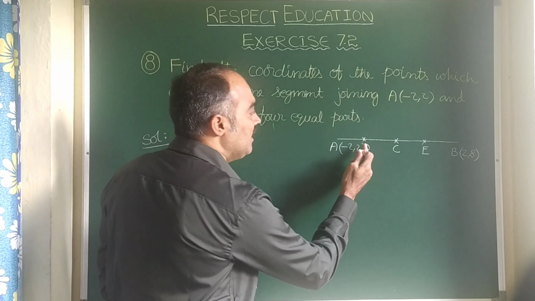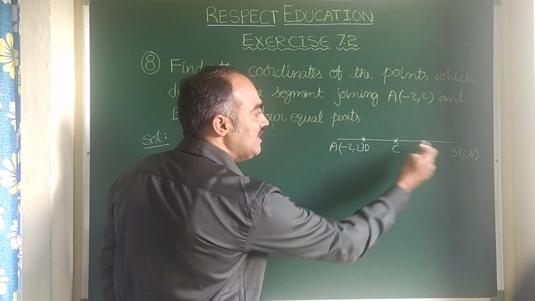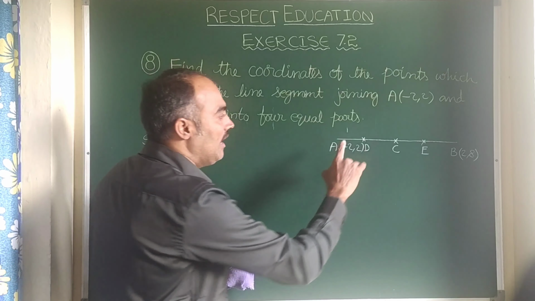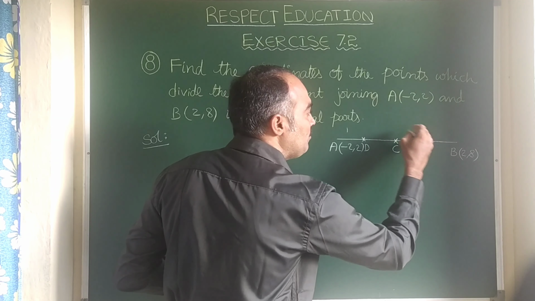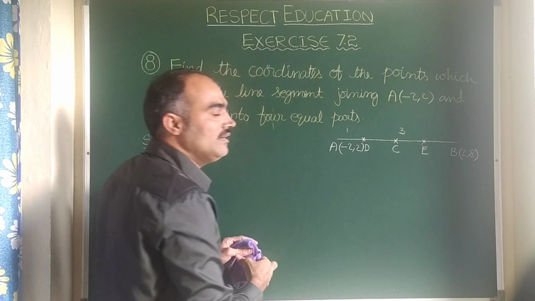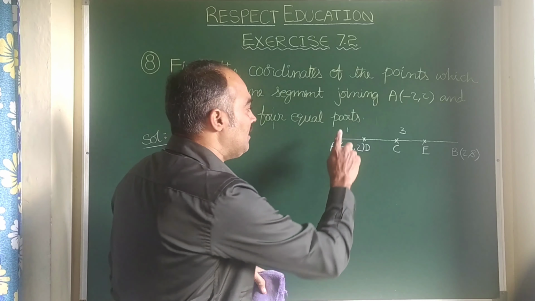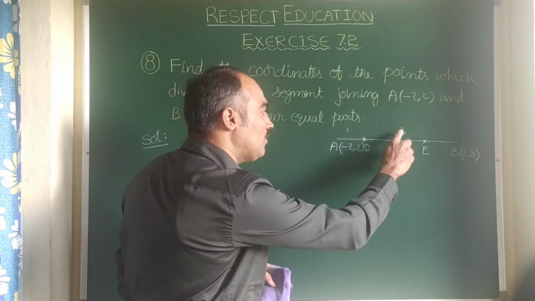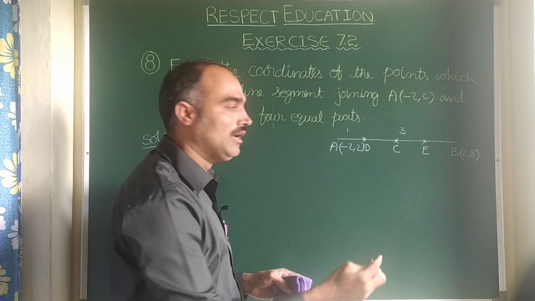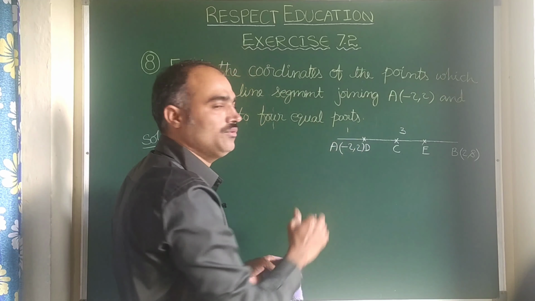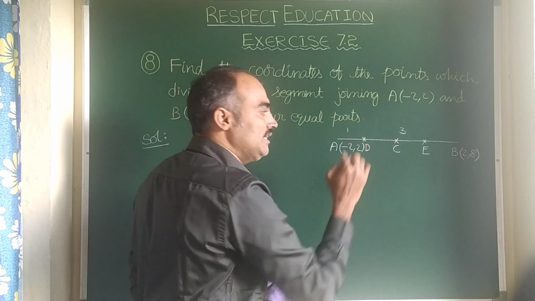D divides AB in the ratio: D leaves one part on this side and DB is 1, 2, 3 parts. So if you use the section formula, where m1 equals 1 and m2 equals 3, D divides AB in the ratio 1:3 internally, and we will get the D value. Clear? Same way for C also.